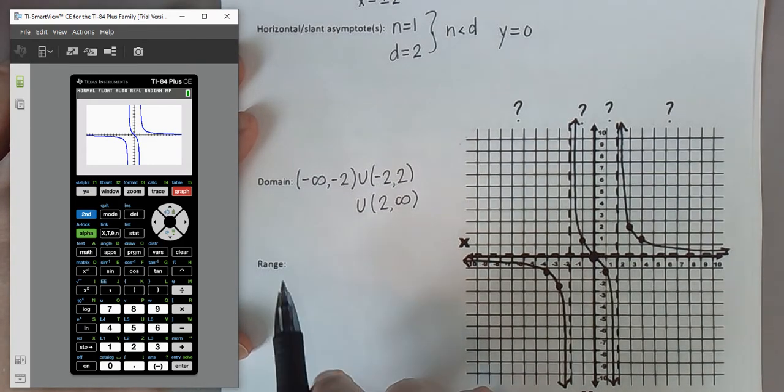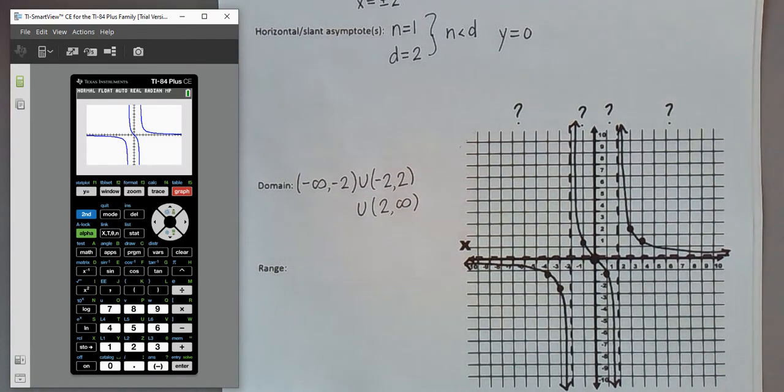Now what about the range? Remember with the previous example, the horizontal asymptote represented a break in our range. Does that actually happen here? Well, on the left-hand side of the graph, far left, it looks like the y values are capped at 0, so we have negative y values, -infinity up to 0, not quite to 0. On the right-hand side, we have everything above, also not reaching 0. But notice that branch in the middle.